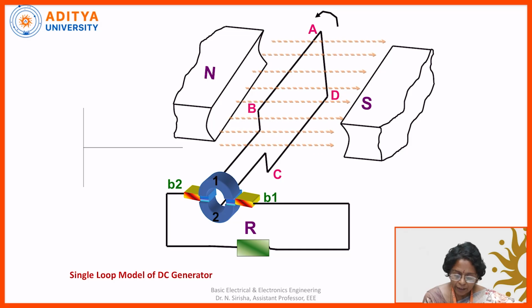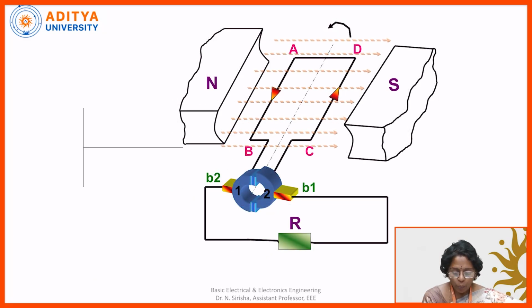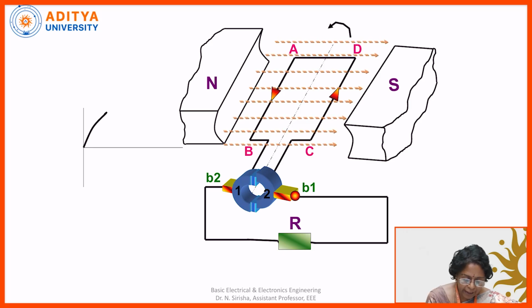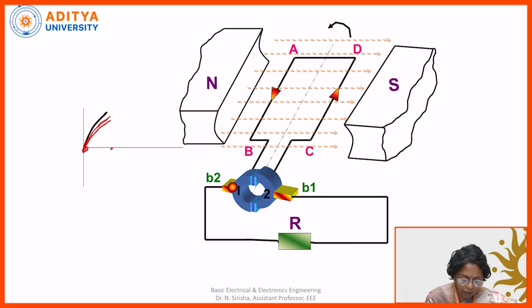Now, this ABCD rectangular coil is moved in the anti-clockwise direction for 90 degrees slowly, by making an angle from 0 to 90 degrees in the anti-clockwise direction. See, when the coil is rotated from 0 degrees to 90 degrees, see the magnitude of the EMF induced. This is the magnitude of EMF induced from 0 to 90 degrees.